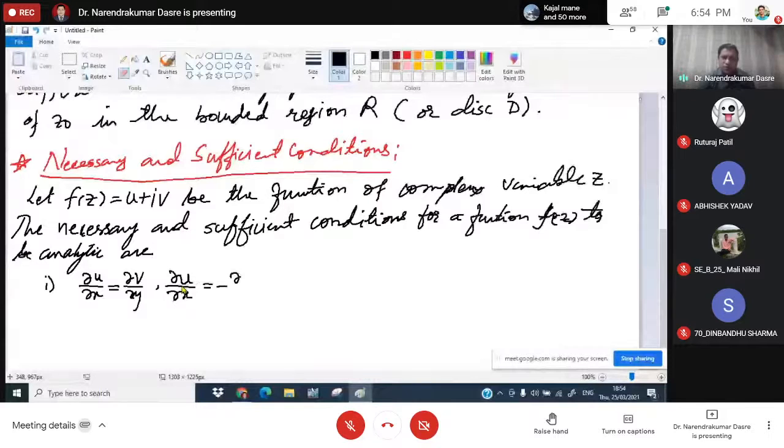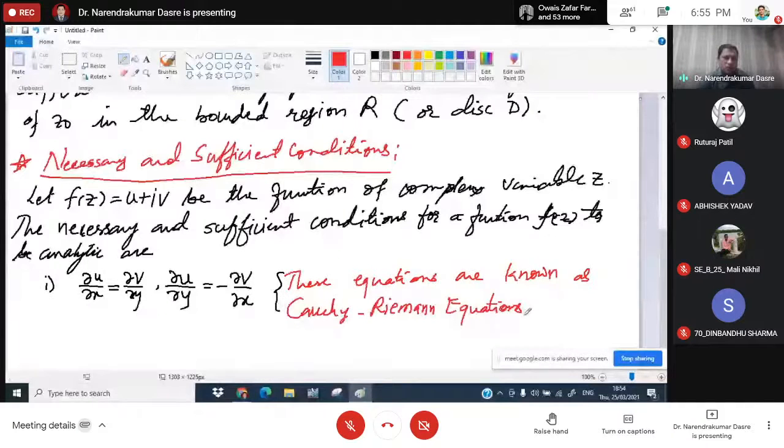So these equations are known as the Cauchy-Riemann equations, or simply we can say CR equations also. Okay, then what is the next condition? What is the next condition?